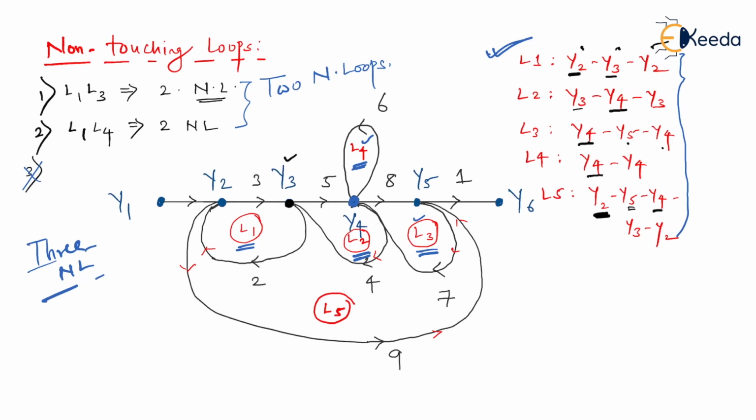What is meant by three non-touching loops? You have to compare L1, L2, L3 together. As you can see, L1, L2, L3 cannot be non-touching loops at the same time because L1 and L2 are already touching each other. So by observation, one can say that there are no three non-touching loops.